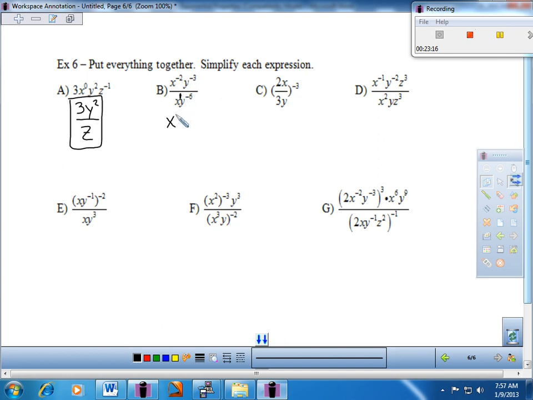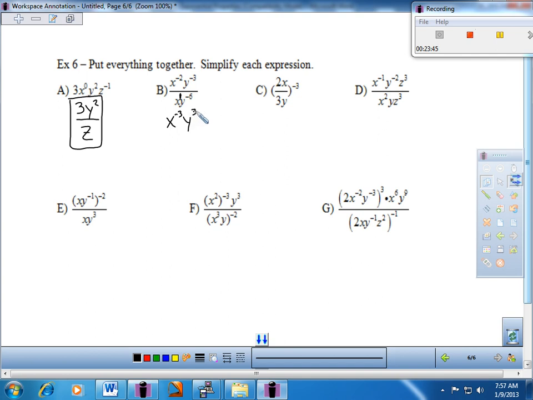Negative 2 minus 1 is negative 3, so I have x to the negative third. Now this one, again, divide the powers, base y. I can do this right here. Hopefully everyone is seeing exactly that. Dividing powers with the same base: keep the base, subtract the exponents. Negative 3 minus negative 6 happens to be positive 3. And so I get y to the third.